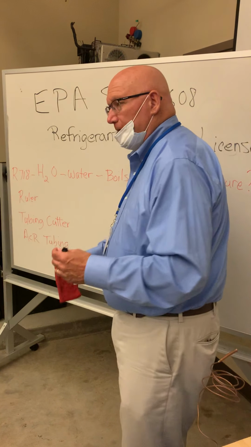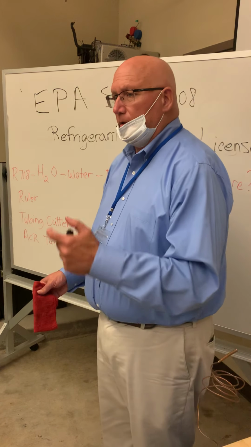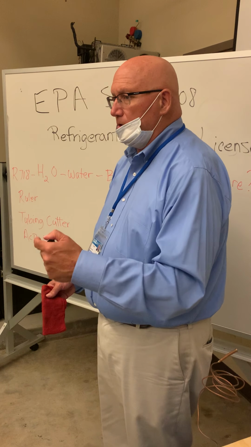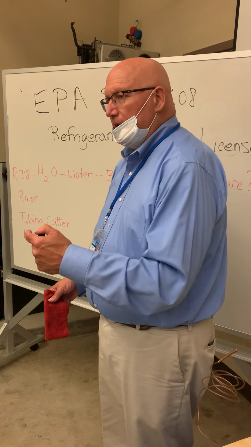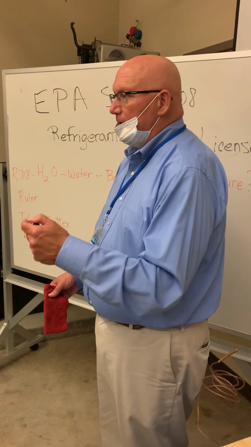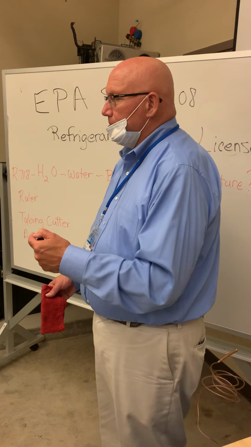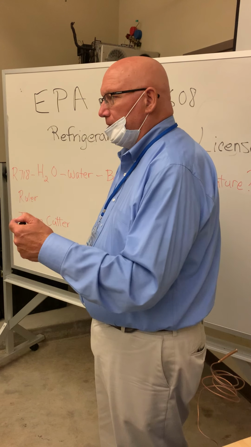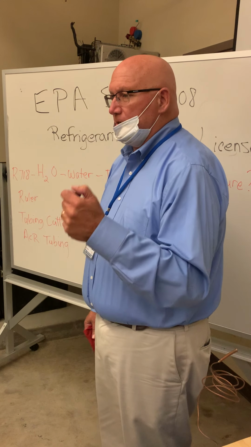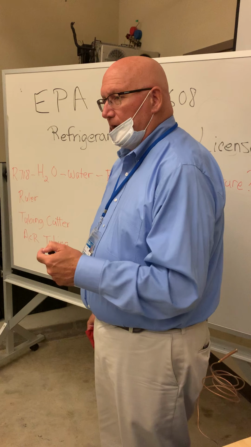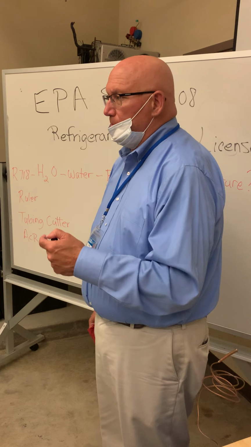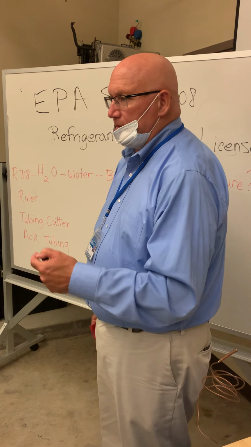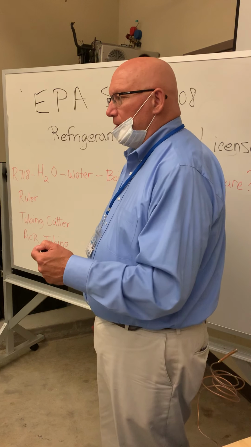And I have in the learning module, the Blackboard module in HVA 121, you'll see a thing there for the EPA. In that, it has the PowerPoint slides from the company who administers the test. The test is done online. It's through ESCO.